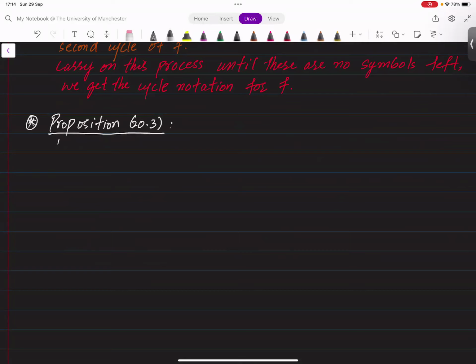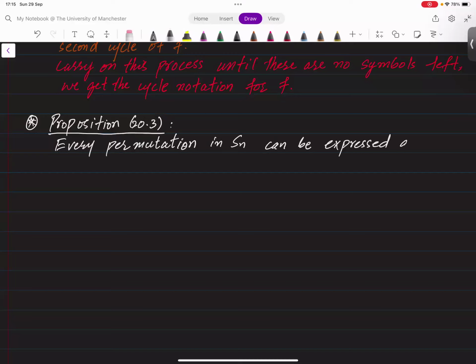We say that every permutation in the set Sn can be expressed as a product of disjoint cycles.